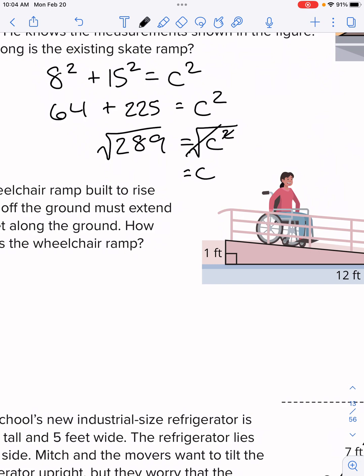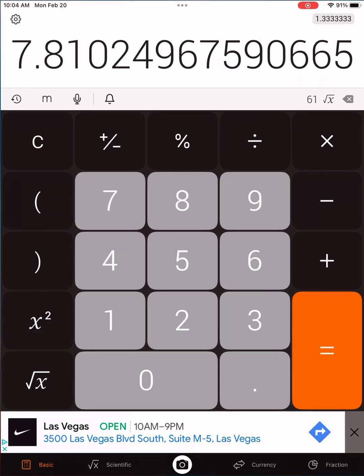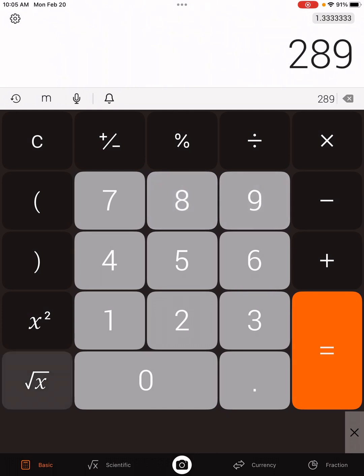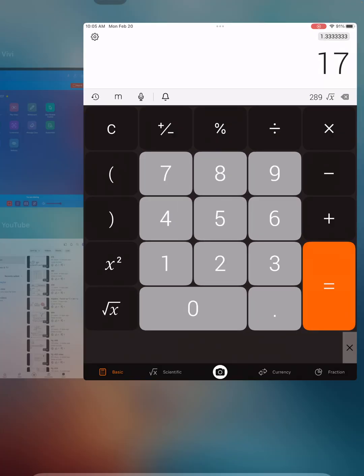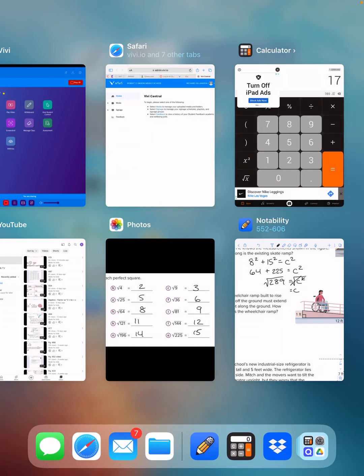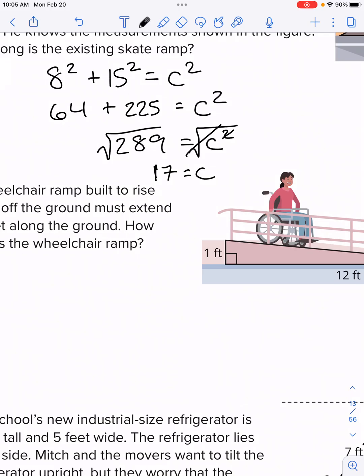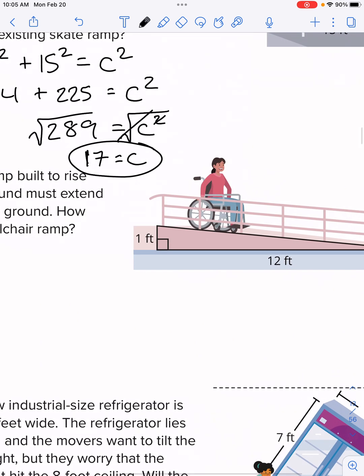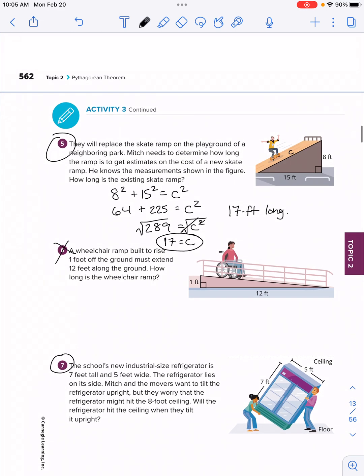We're left with C, and the square root of 289. Let's plug that into our calculator. The square root of 289 is 17. All right, so C is equal to 17. The skate ramp is going to be 17 feet long.